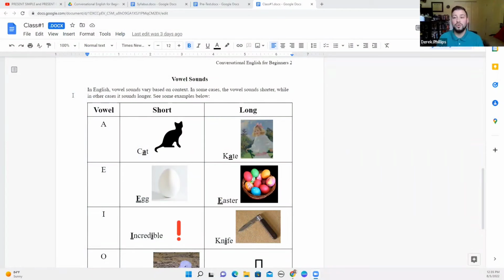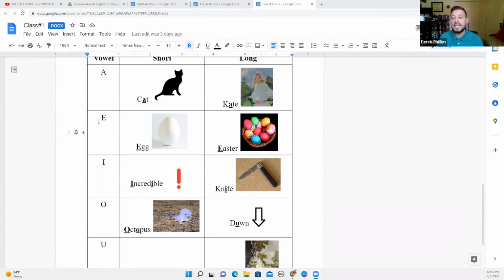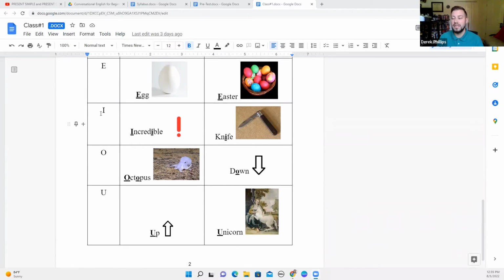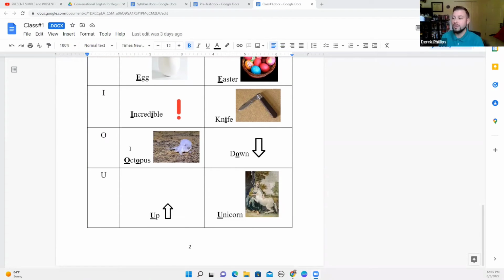This is page 2 in your materials for class. You see here, we have the vowels in English, A, E, I, O, U. Those are the basic vowel sounds.